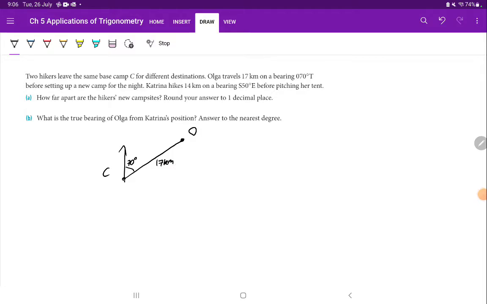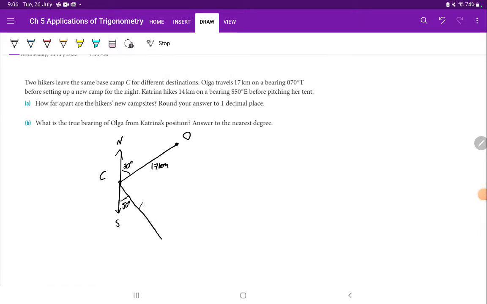Alrighty, Katrina, on the other hand, goes from south 50 degrees to the east. So east is this way. So there's south 50 degrees to east on a journey of 14 kilometers, and that's where Katrina stops.